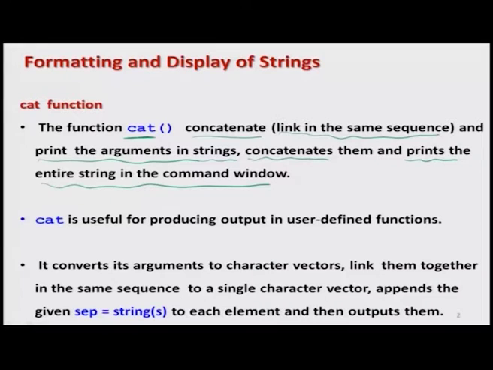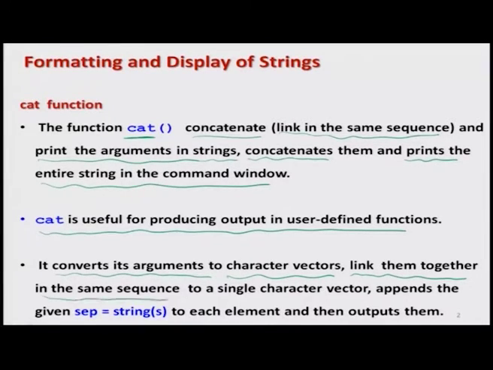So, this cat function is more useful when you want to produce the output in user defined functions, the way we want the output to be. Basically this cat function converts its arguments to character vectors, then links them together in the same sequence and in a single character vector.